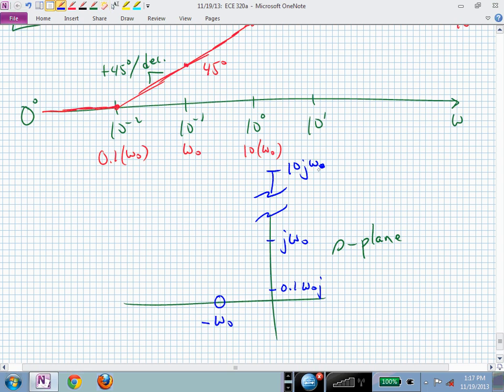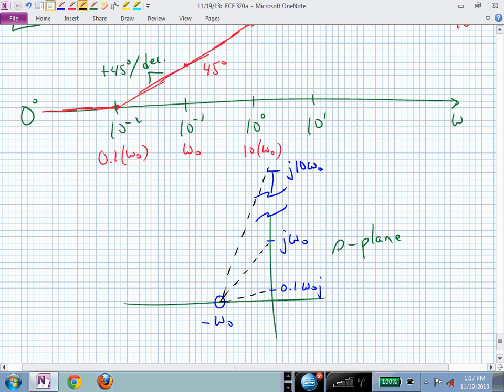Maybe I should rewrite that. And we're interested in the angle at those positions.